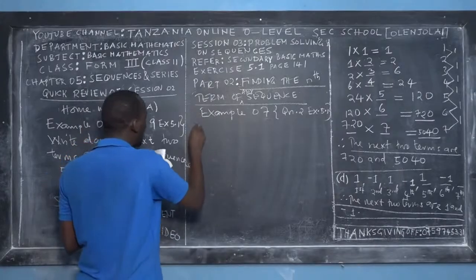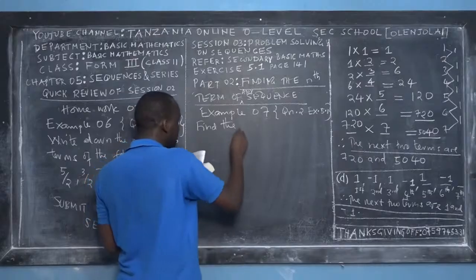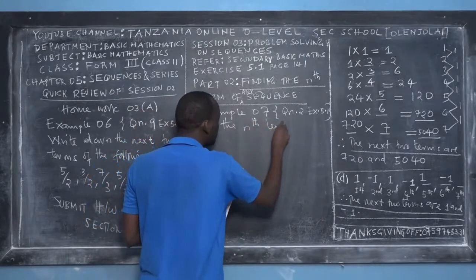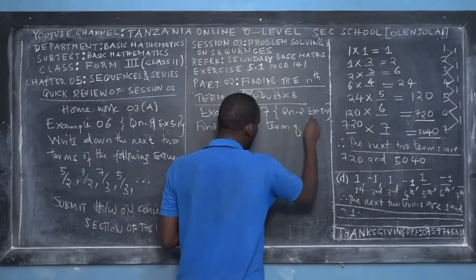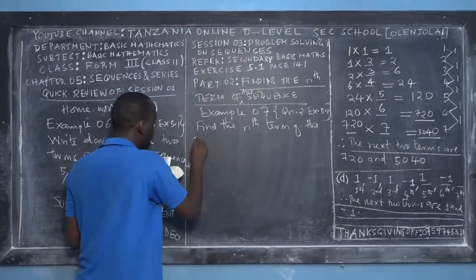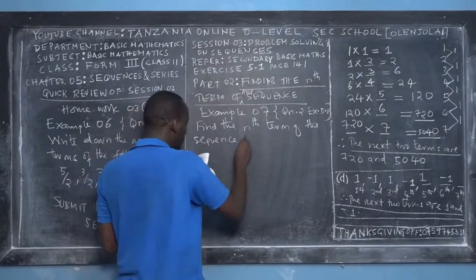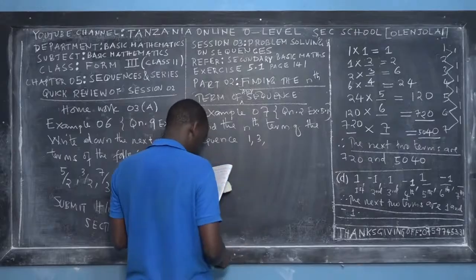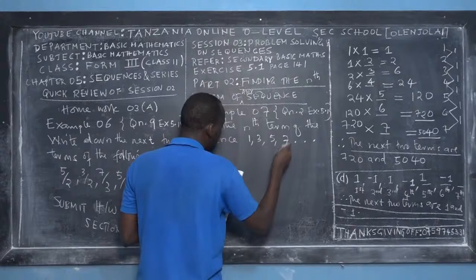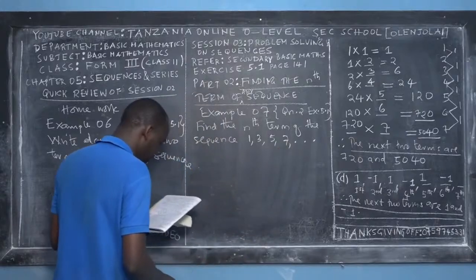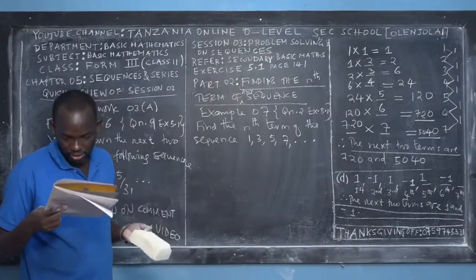The question asks you to find the n-th term of the sequence 1, 3, 5, 7, and so on. So you continue the sequence. Let us solve the problem.